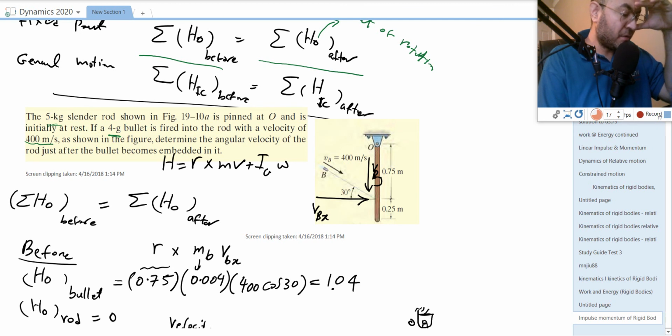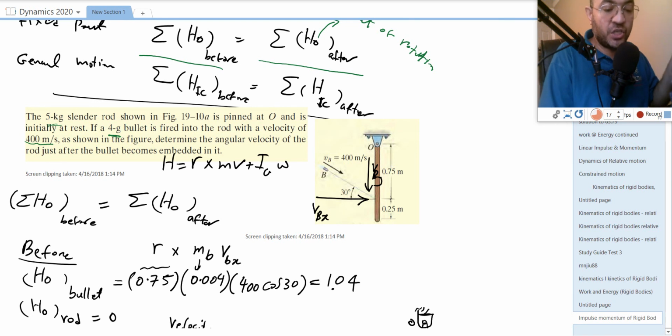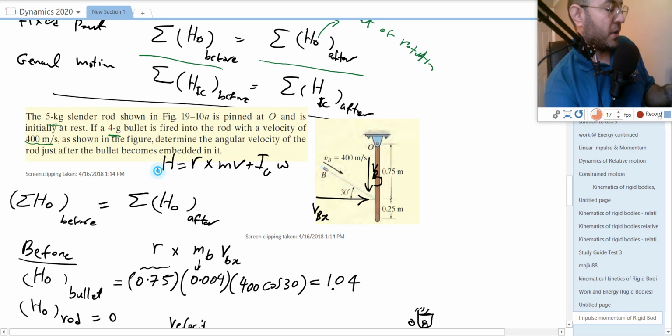Before impact, just one thing is moving, the bullet. But after impact, we have the motion of the rod, which has Vg and another component, Ig omega. Again, a reminder that H is r cross mv plus Ig omega.